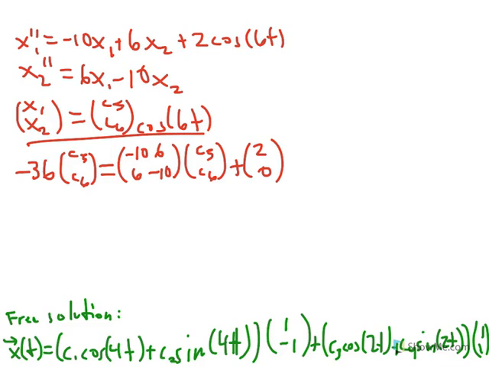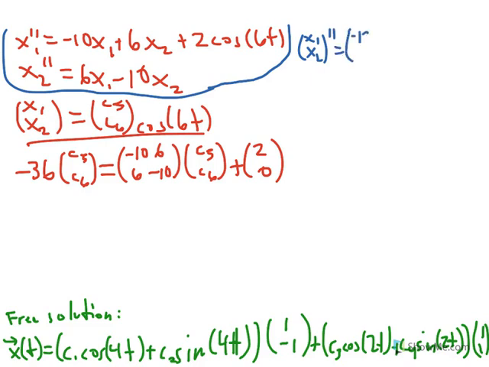Now I suppose I should explain where I got this expression here. Where I got this expression is when I converted x1 double prime and x2 double prime into matrix form, and doing that we would get x1, x2 double prime equals matrix negative 10, 6, 6, negative 10 times x1, x2 plus 2, 0 cosine of 6t.